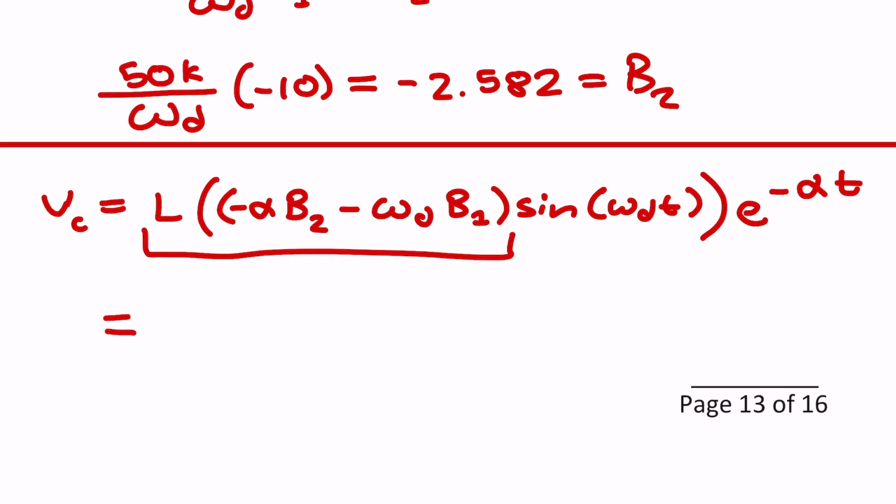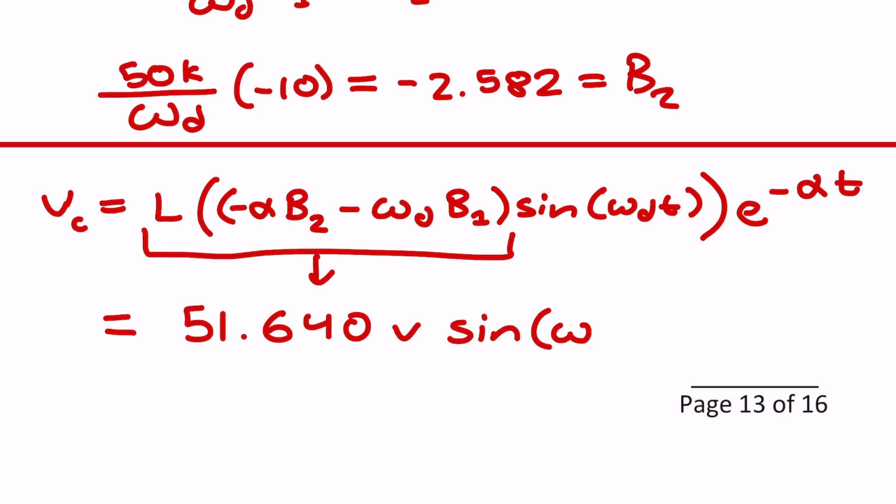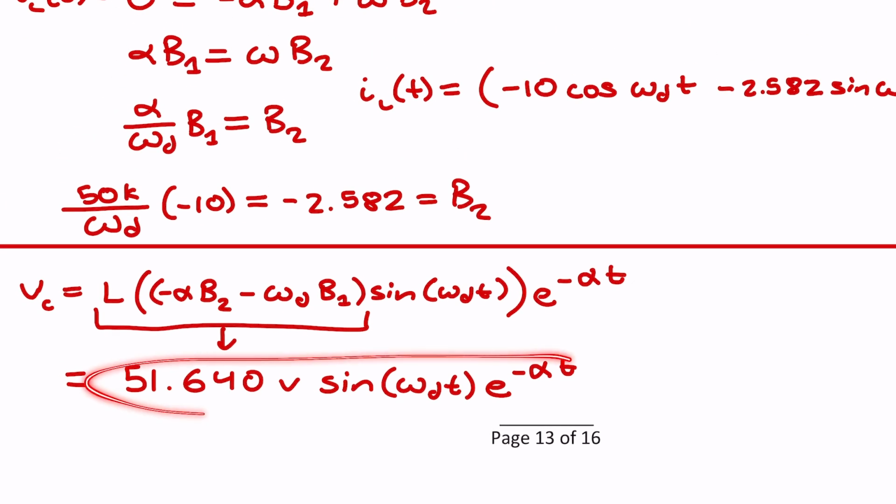If you plug it into your calculator, it turns into 51.640 volts times sine omega d t e to the negative alpha t.